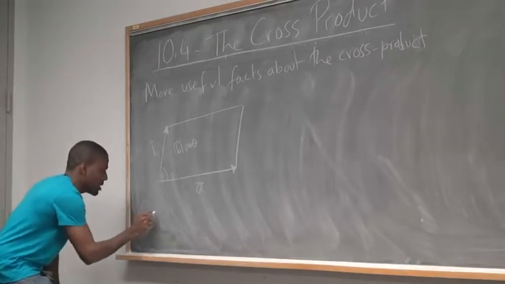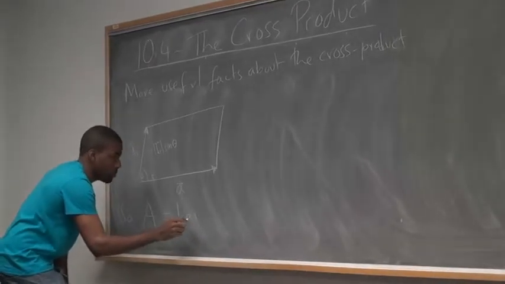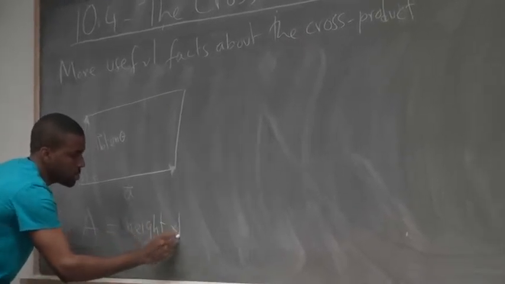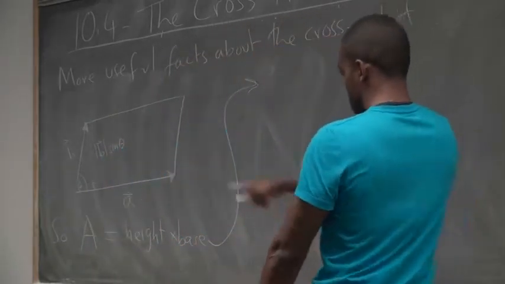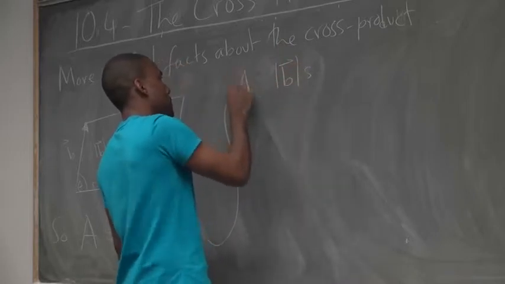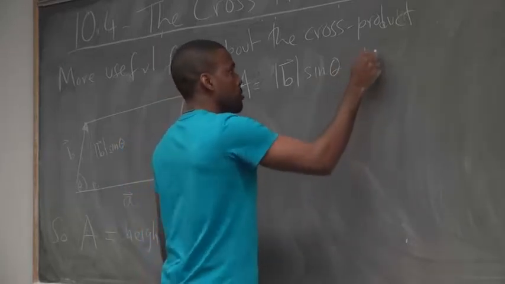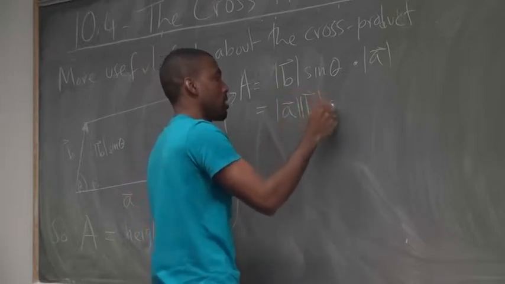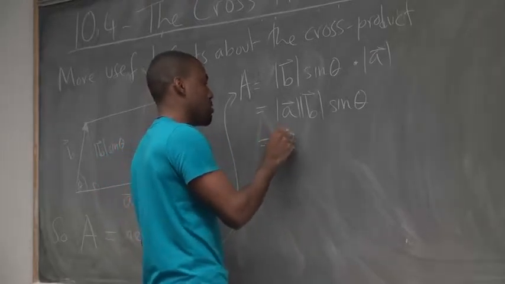So area in this case would be height times base, base times height, doesn't matter. But what is the height? We already know, it's b sine theta. And what is the base? Magnitude of A. Of course, as multiplication of scalars, we can rearrange this. And what's that? That's actually the magnitude of the cross product.